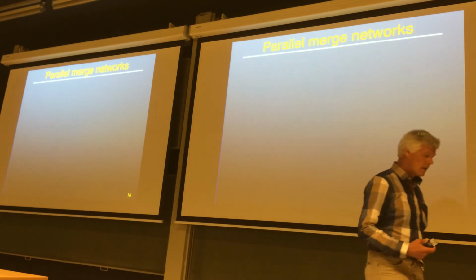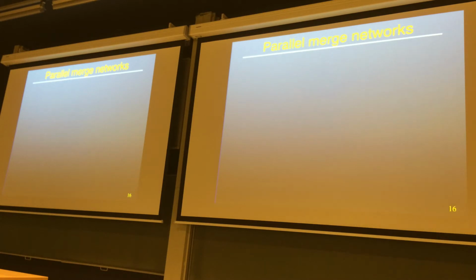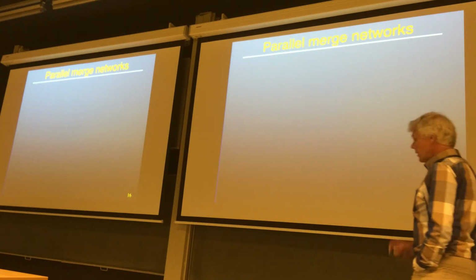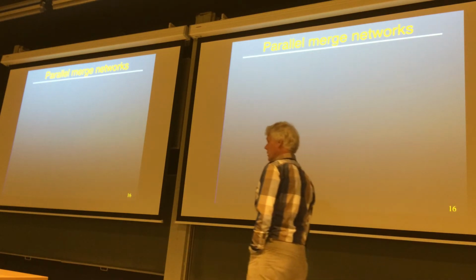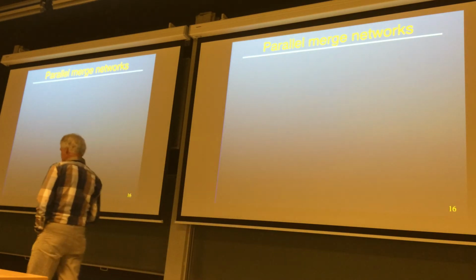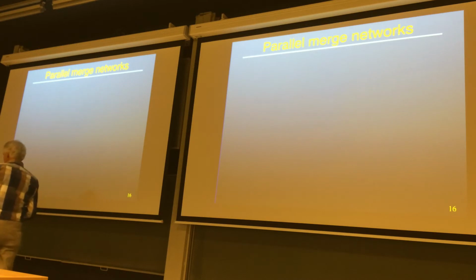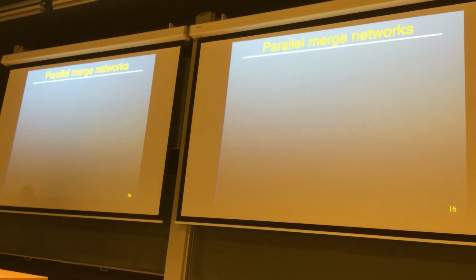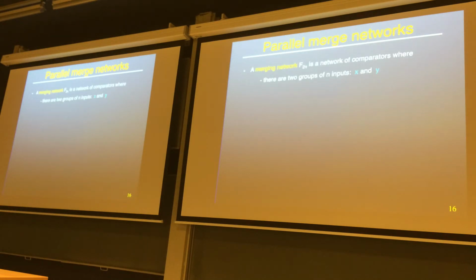We will apply this theorem to a rather complicated merging network. By giving this proof, I can show you how easy it is to apply this principle to a rather complicated network that, without the help of this 0-1 principle, maybe was not amenable to analyze as being correct.